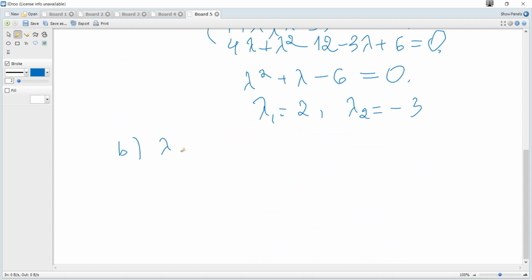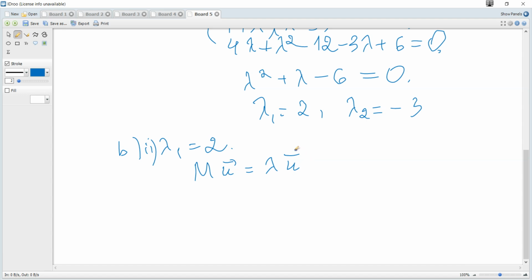The first eigenvalue is 2, and in general, if we want to find eigenvectors, we solve the following problem. Matrix multiplied by some vector is equal to lambda multiplied by the same vector, and this vector is the required eigenvector, and lambda is the required eigenvalue.